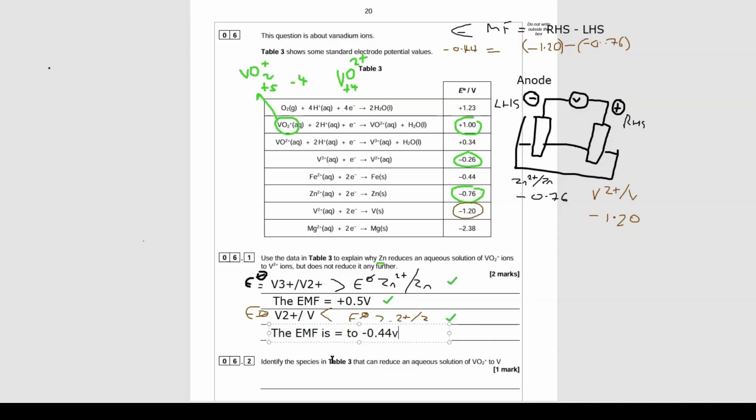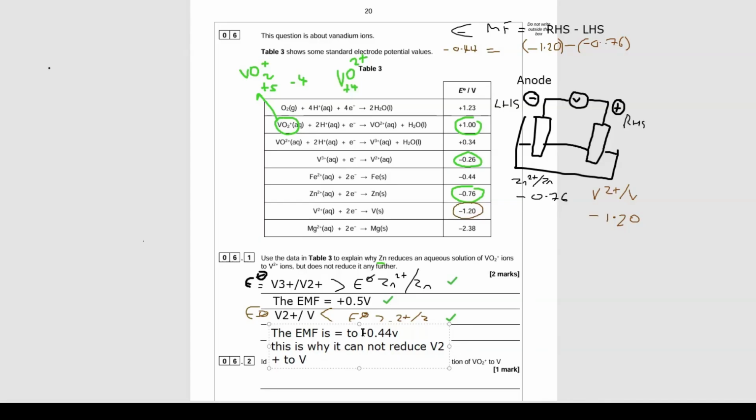I need to make that clear to the examiner, because if I just write the EMF is plus 0.5, the EMF is minus 0.44, I want to say this is why it cannot reduce the V2+ to V. So at least I'm clarifying to the examiner what I'm talking about there.